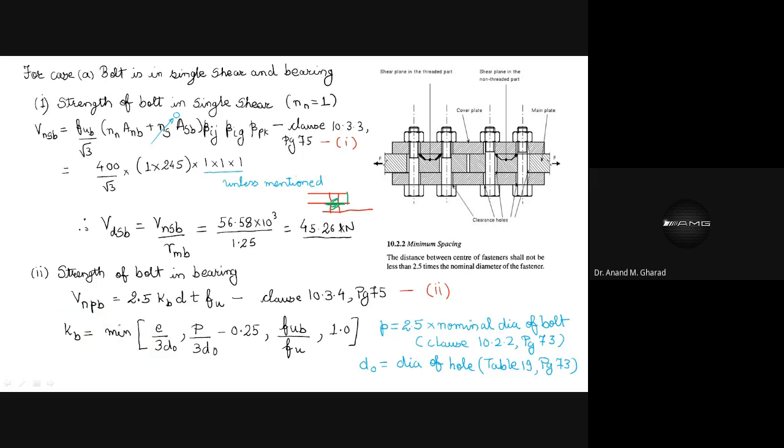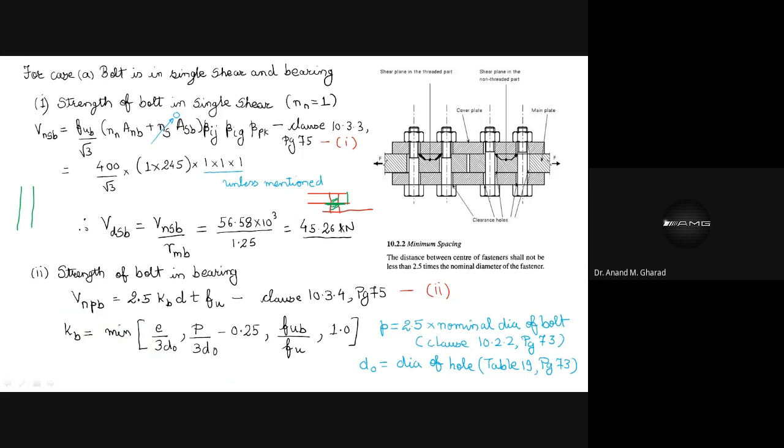Based on this, you will find that this shear plane is intersecting the threaded portion both on the top side and the bottom side. There may be some cases wherein you will find, for example, this case, this one.